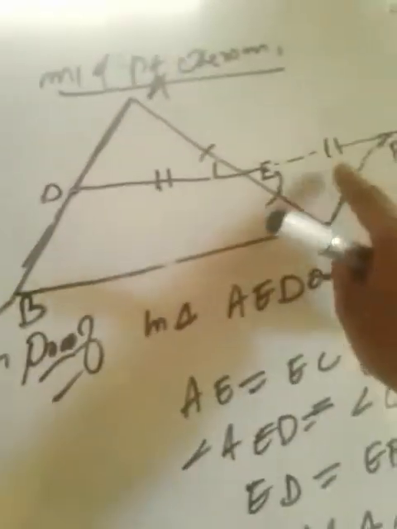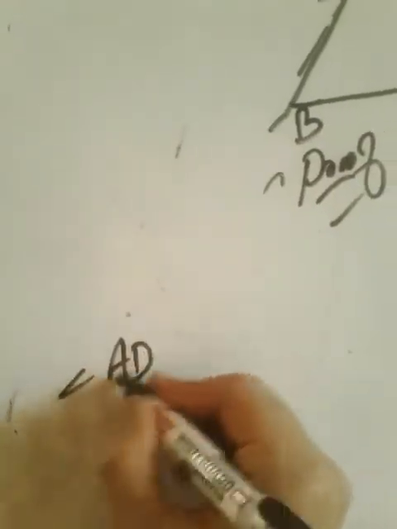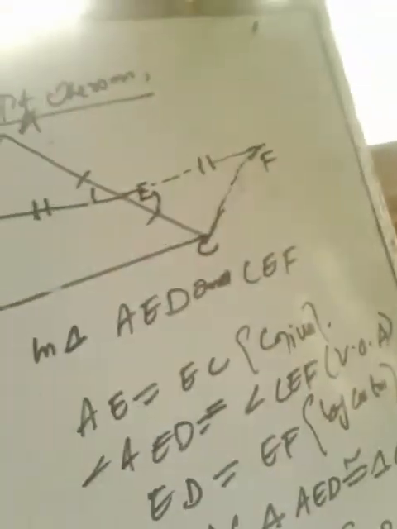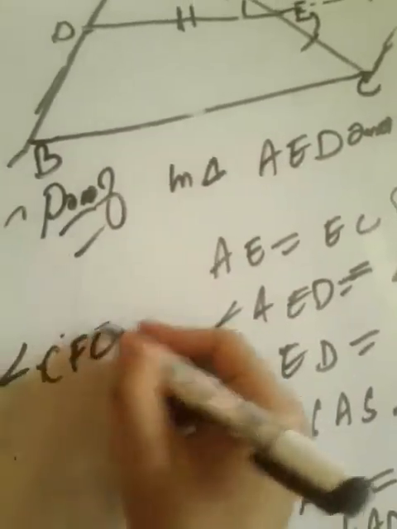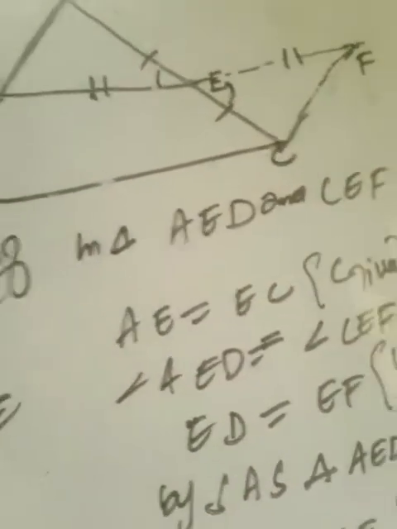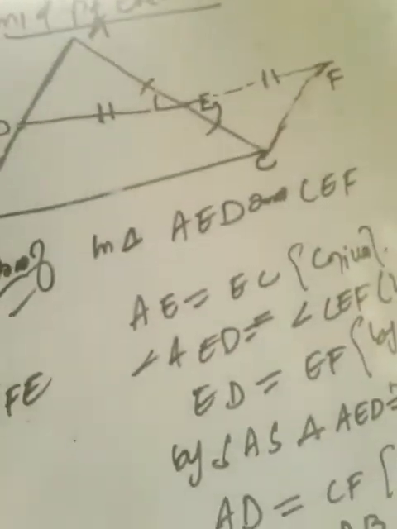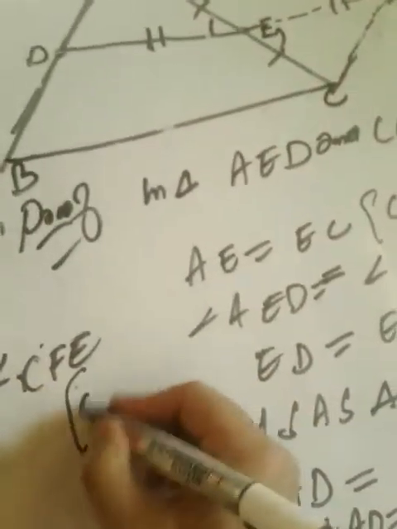Again, these two triangles are congruent, so we will write angle ADE equals angle CFE. The names should be accordingly. Why? Because of CPCT.